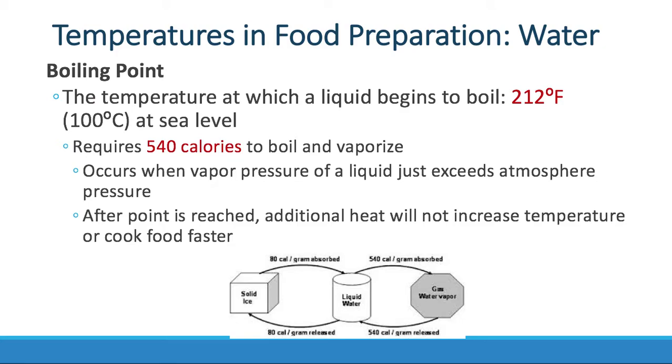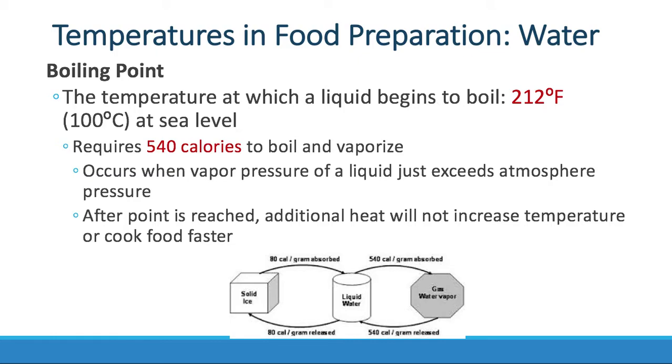So then our last state is moving from a liquid to a vapor or a gas. This is known as boiling. We reach our boiling point when we have bubbles starting to break the surface of the water and we're creating steam. At sea level, and this is going to be important when we're talking about pressure, this occurs at 212 degrees Fahrenheit.